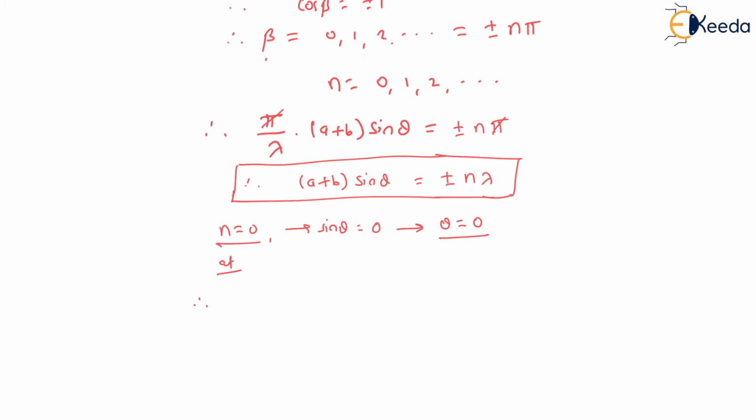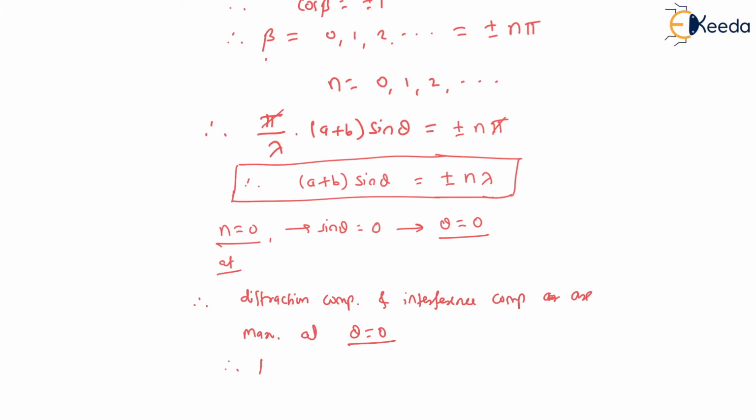Why? Because the diffraction component and the interference component are maximum when theta is equal to 0.